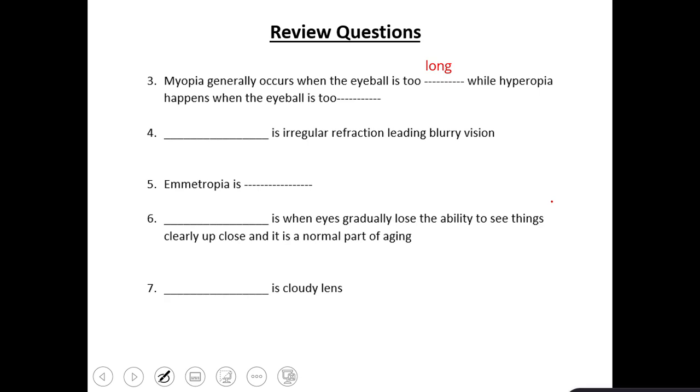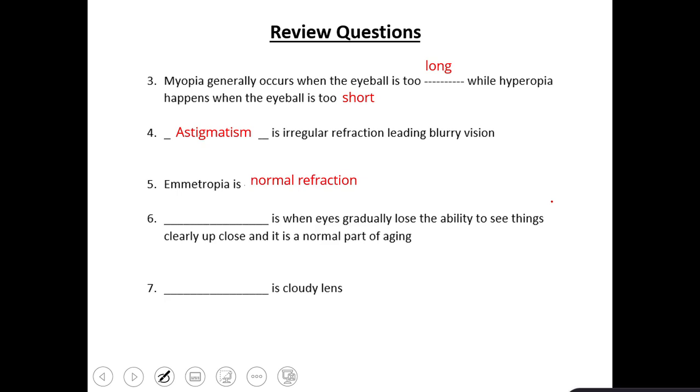Remember, the image goes in front of the retina in case of myopia, and it goes behind the retina of the eye in case of hyperopia because the eyeball is too short. What is irregular refraction that leads to blurry vision? This is astigmatism. Emmetropia is a normal condition. That is a normal refraction.